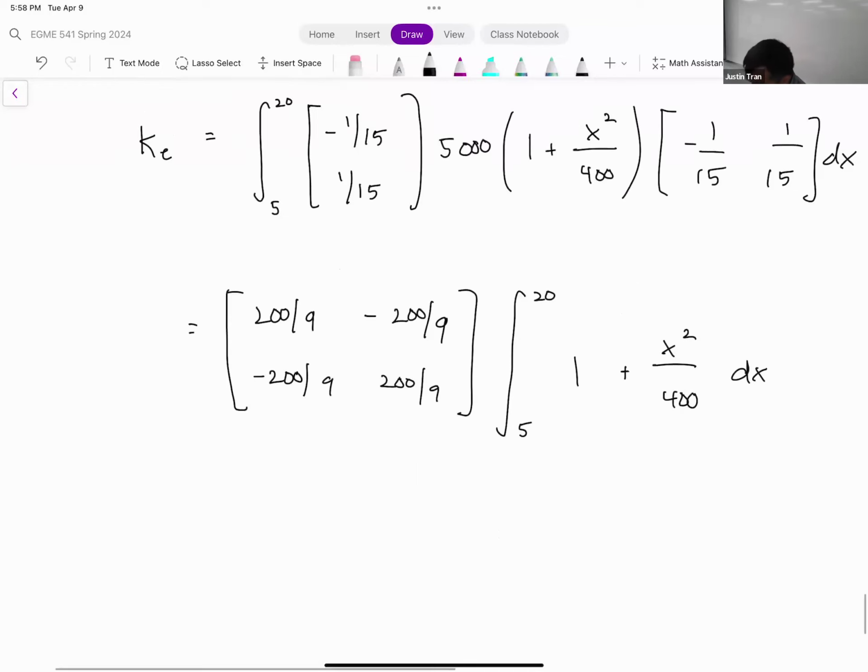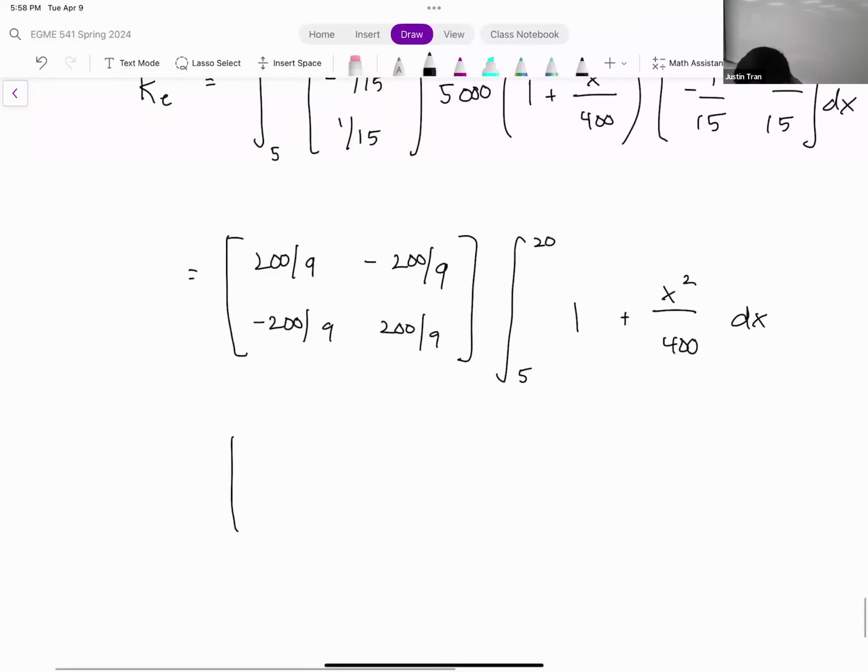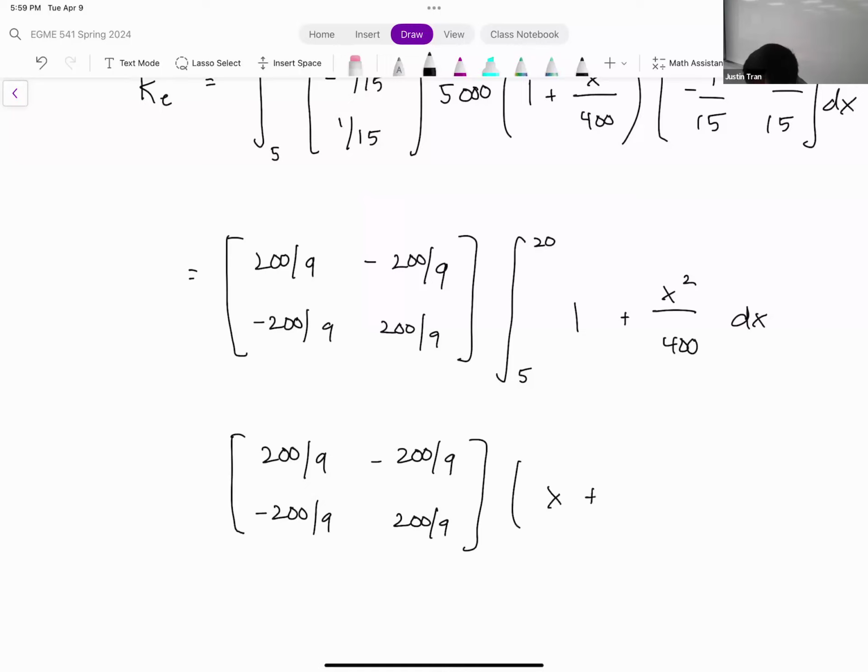All right, so we evaluate that integral, and that integral is actually the same expression as it was before. So let me go ahead and bring down our matrix here. And so we get x plus x cubed over 1200, evaluated from x equals 5 to 20.